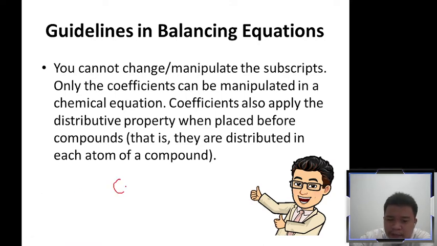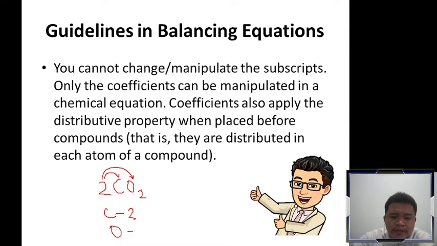Let's say, for example, I have here CO2. If I write a coefficient here, 2, that means that this 2 here is distributed to carbon and is also distributed to oxygen. So when you count the number of carbon atoms here, carbon here has 2. And how about oxygen? Now, usually you might be confused, sir.